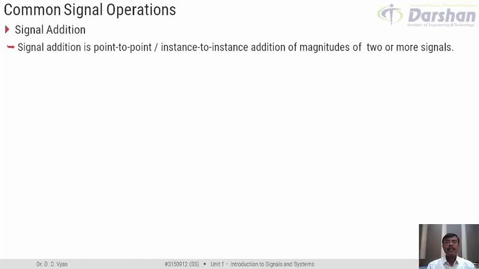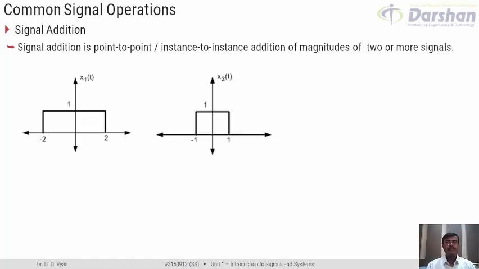Let us try to understand this by taking an example. We have taken two signals here, x1 and x2, and our interest is to add these two signals. Let us see what is the nature of the signal. This signal has magnitude equal to 1 between minus 2 to 2, whereas this signal has a magnitude of 1 between minus 1 and 1.